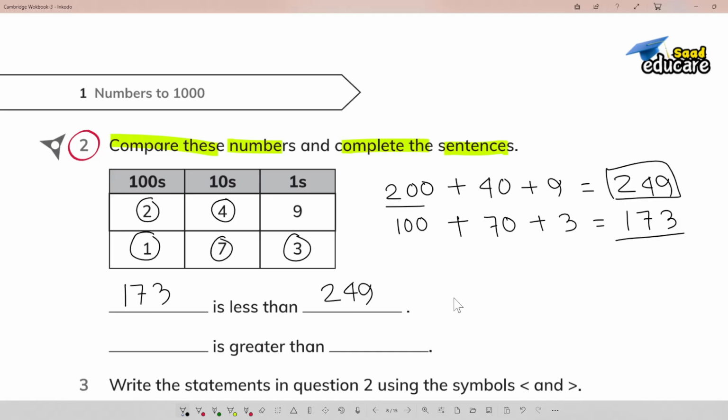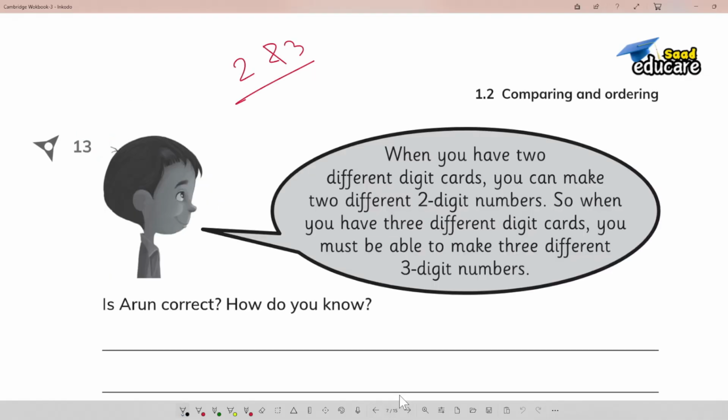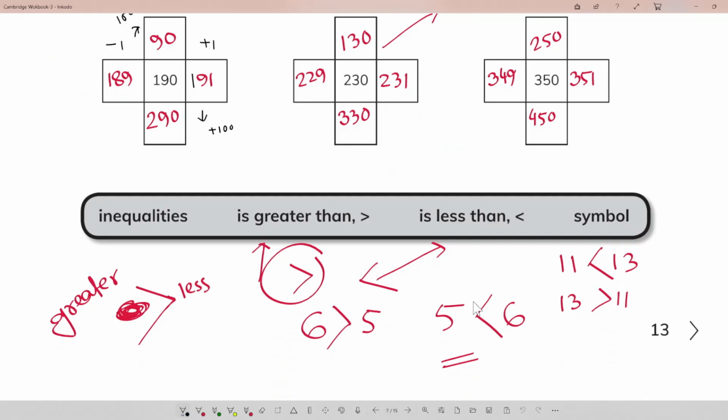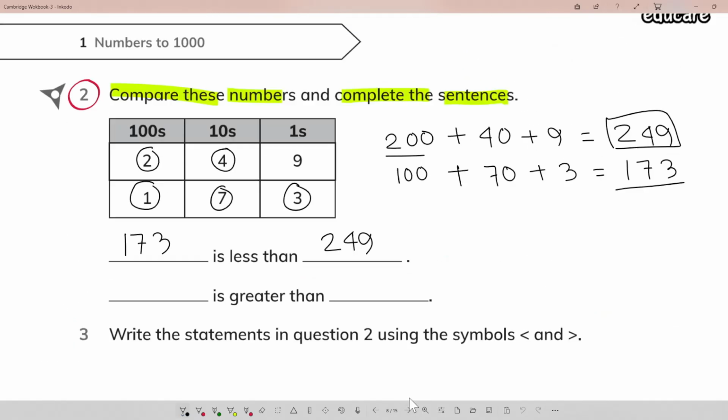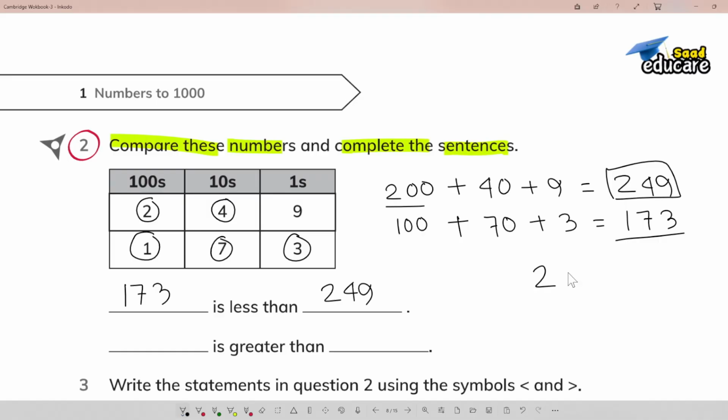Okay, so one is greater than, another one is less than. What about the sign? Look, on the left side the open space is greater than, so it means 249 is greater than 173 and 173 is less than 249.